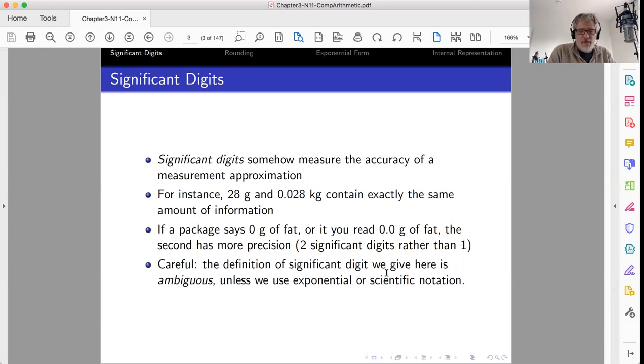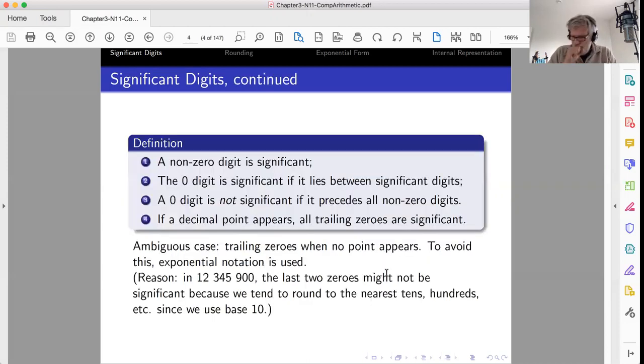So bear with me for now. I'm going to define the notion of significant digit just the way it is defined in the book, but keep in mind that in certain cases it is ambiguous. It won't be a problem for us.